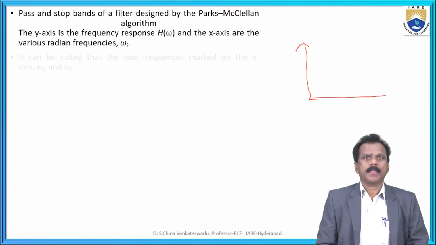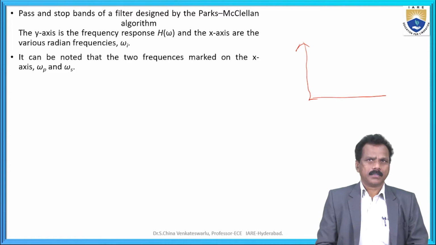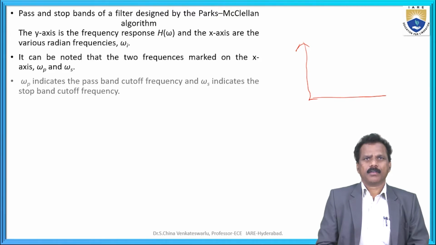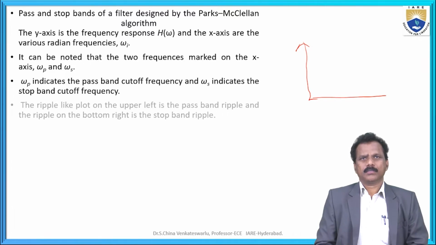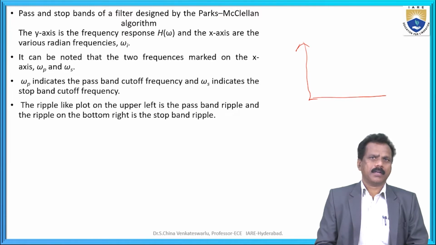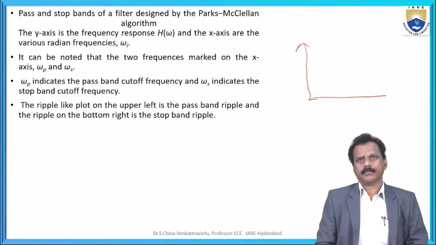The two frequencies marked on the x-axis are omega p and omega s, where omega p indicates the passband cutoff frequency and omega s indicates the stopband cutoff frequency. The ripple on the upper left is the passband ripple, and the ripple on the bottom right is the stopband ripple. So by using the graphical response, you can understand how it varies.